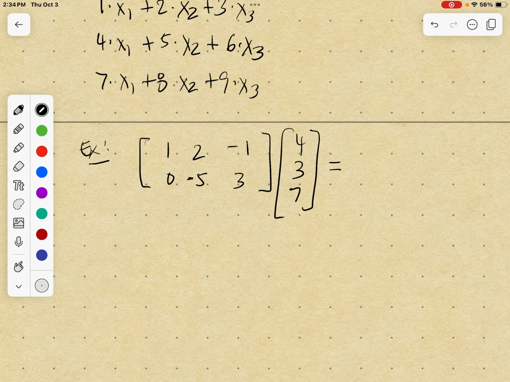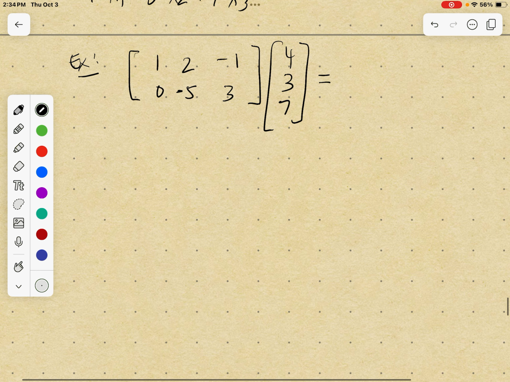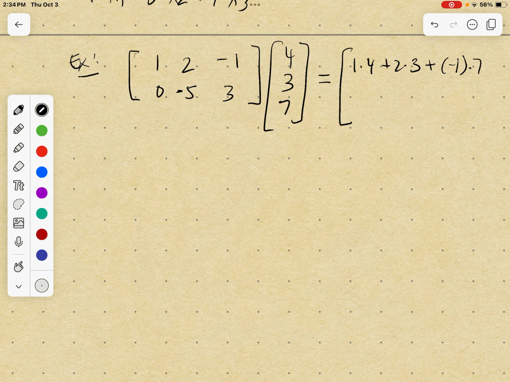Okay, let's go over the answer. So what you're going to do is you're going to take the first row and multiply it by the vector. So it's going to be 1 times 4 plus 2 times 3 plus negative 1 times 7. That's going to be the first component.